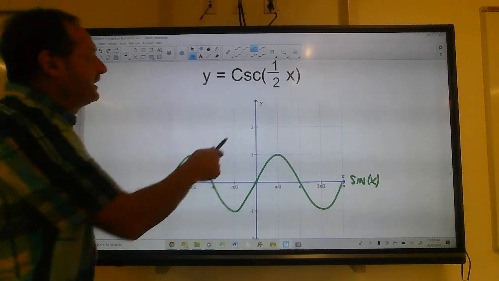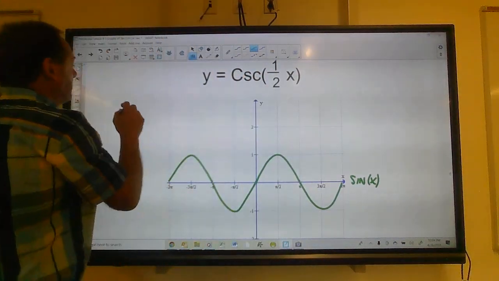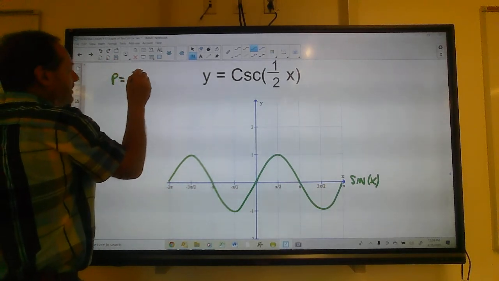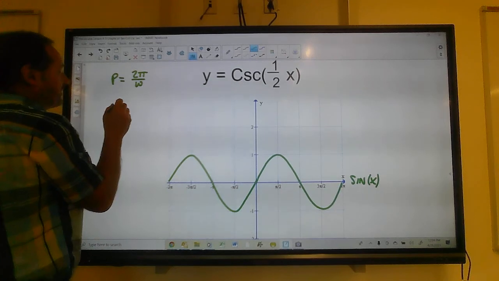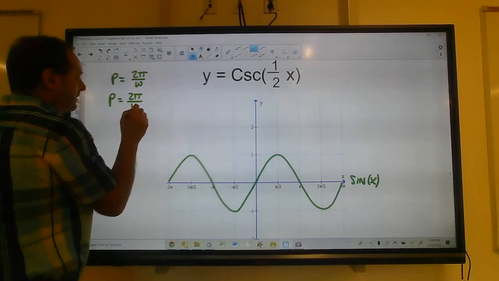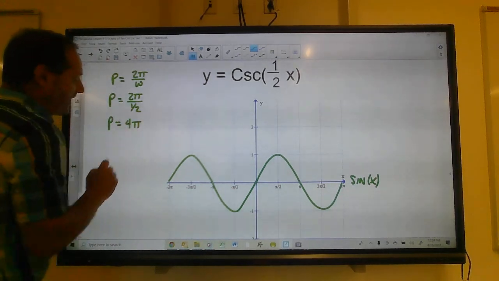Okay, now, in here, this changes the period. Remember that the period of sine is 2 pi over w. In this case, my w is 1/2. So that means that the period is going to be 4 pi.